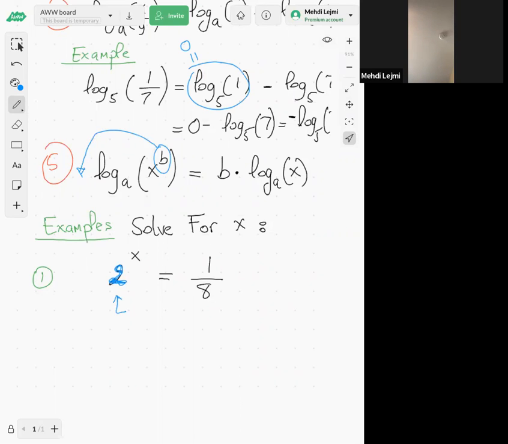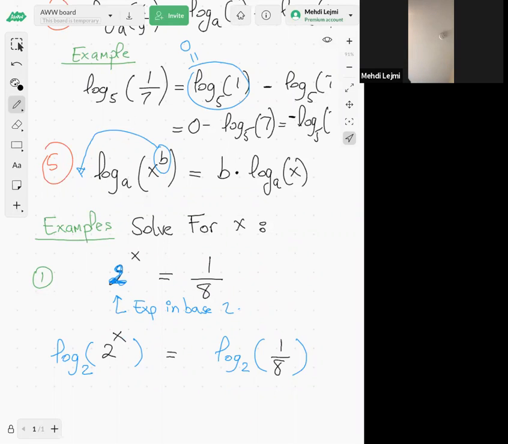We have to apply the log in base 2 to both sides. So I'm going to have a log in base 2 on the left side and a log in base 2 on the right side. And so you're going to have 1/8 on the right side, and you're going to have 2 to the power x on the left side.